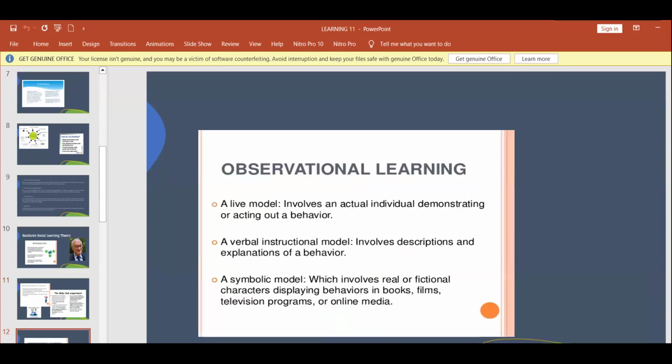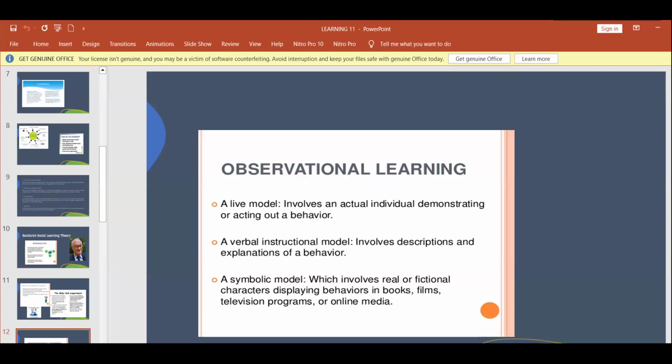Okay. Then, according to Bandura, learning happens through observation. So he further talks about what we observe, they are the models. What we observe in society, they are the models. So learning through observation and modeling and imitation. We observe models and we imitate them and learn.